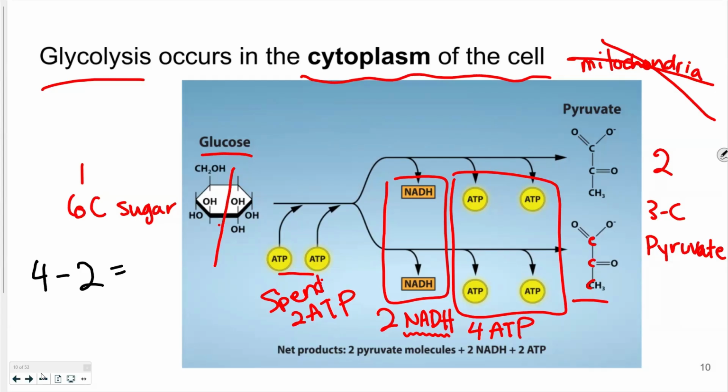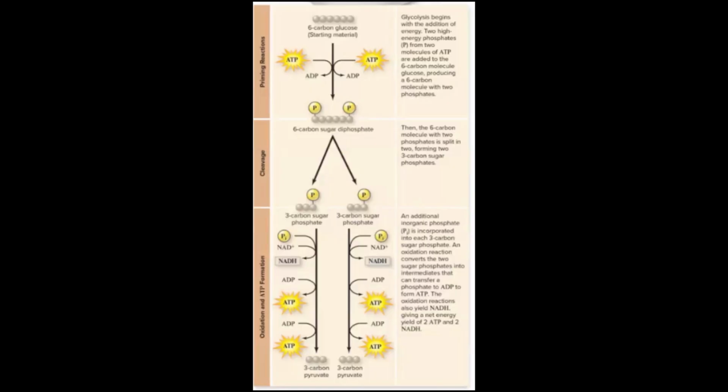So our net profit is 2 ATP molecules from glycolysis. So we're going to have a column of ATP for our notes as well. Let's just talk about what we've got. At the end, we have our 2 pyruvate molecules, our 2 NADHs, and our 2 ATP that we've profited so far.